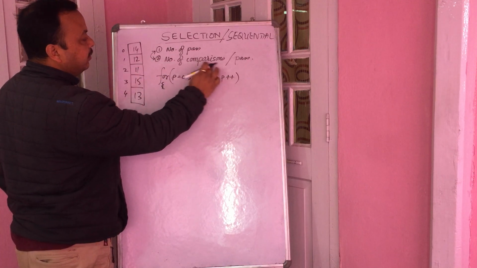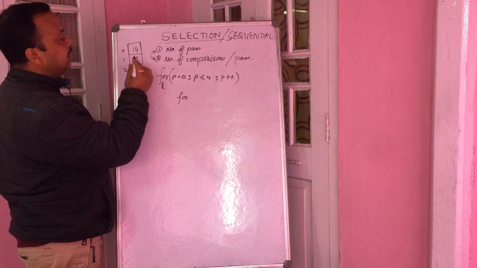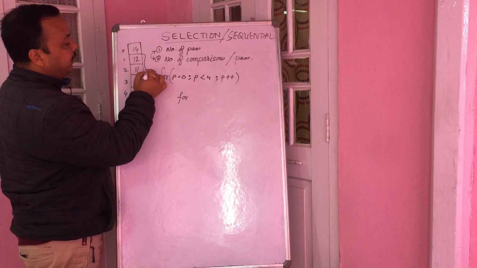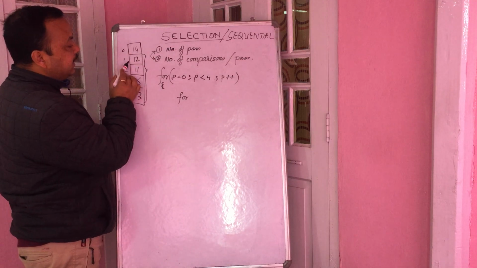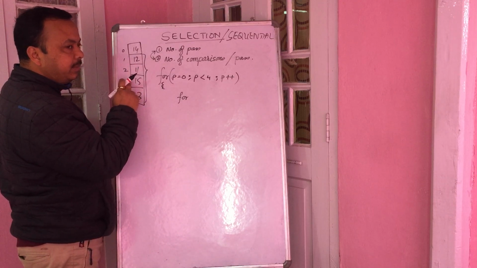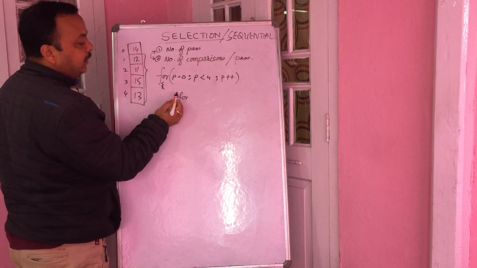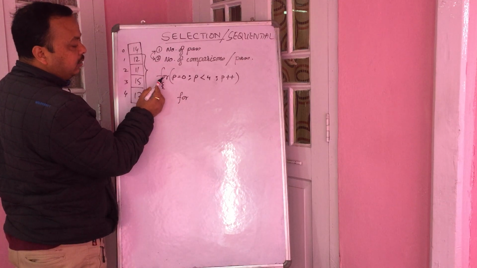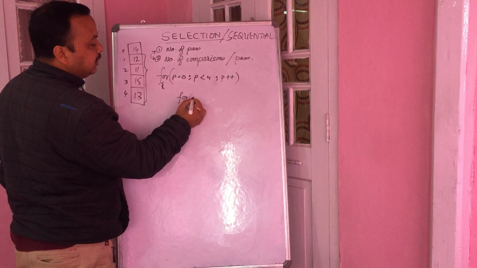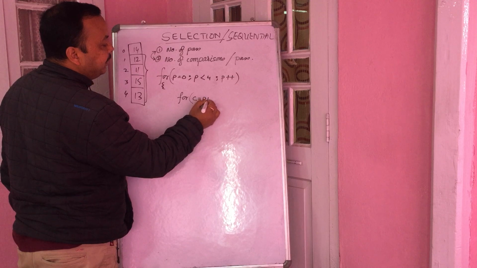Next, what did I say? Nest inside this the number of comparisons. For the first pass, you must have noticed that the number of comparisons is more. But for the second, the number of comparisons decreases. For the third, the number of comparisons will further decrease. That is why we have to set a relationship between the outer loop and the inner loop. So this is the comparison loop. I am taking C is equal to P plus 1.